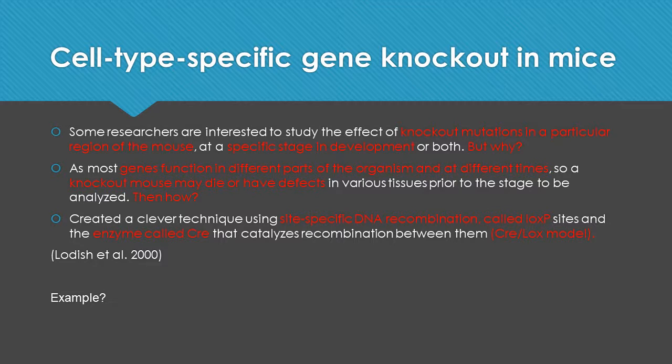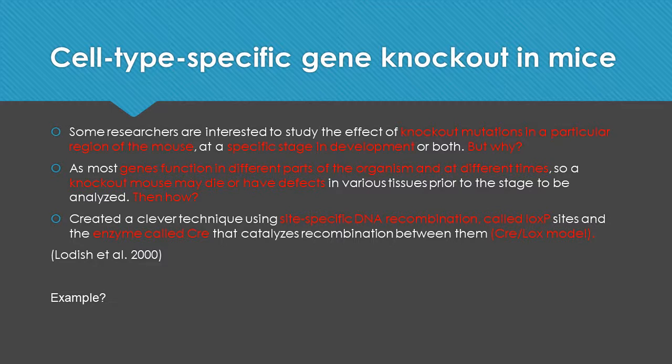Okay. Another question comes up. But what if you want to knock out the gene in just a specific cell or at a specific stage of development in the animal? So how are you going to do it?